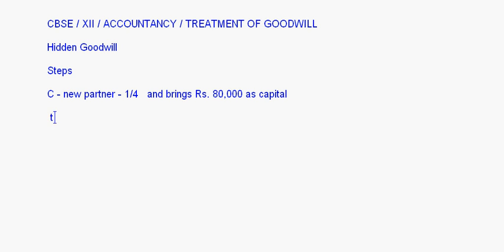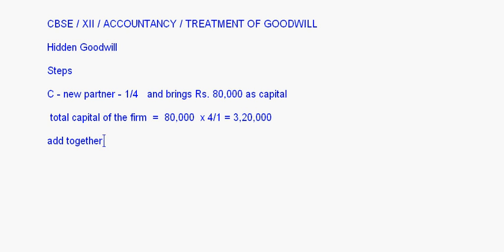Now the first thing that you have to do is find out the total capital of the firm, and that will be found out by multiplying the capital of the new partner by the reciprocal of his share. So this comes to 3,20,000. Now the next step is you have to add together the capitals of A and B. Suppose A and B are the old partners and C is the new partner.